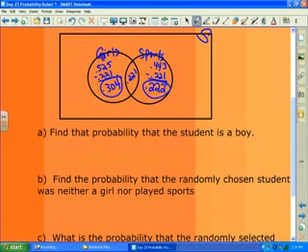That includes some boys in there, yes. That would be the boys that play sport. Very good, yes. Because right here would be my girls that play sports. And then over here would be my boys that play sports, okay? What's out here? Boys that don't play sports.